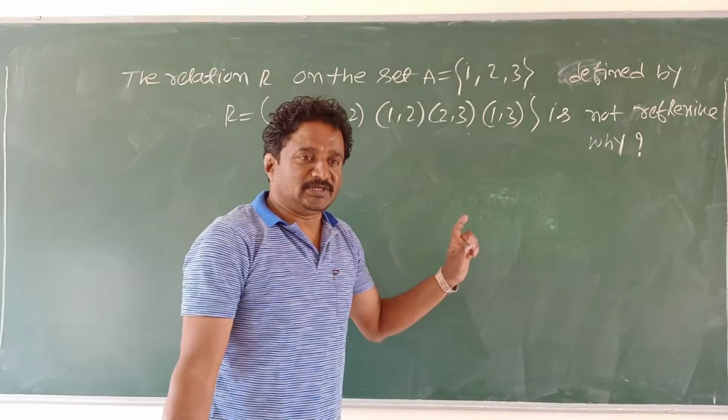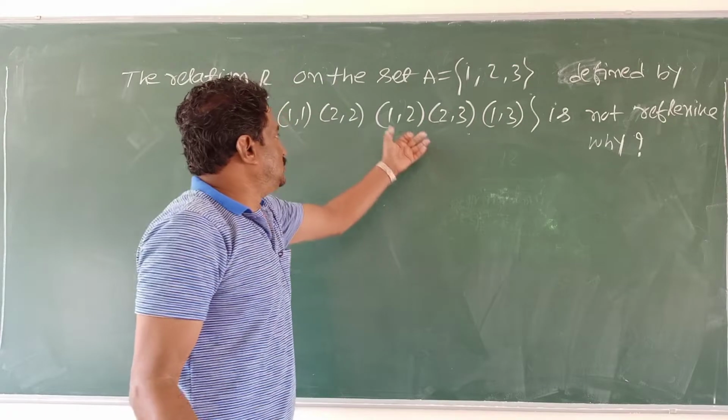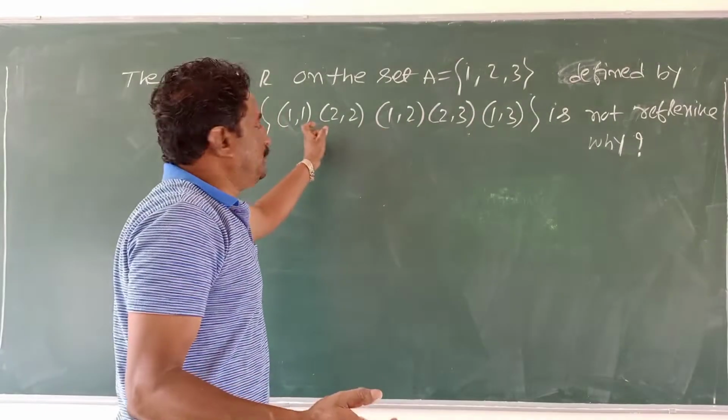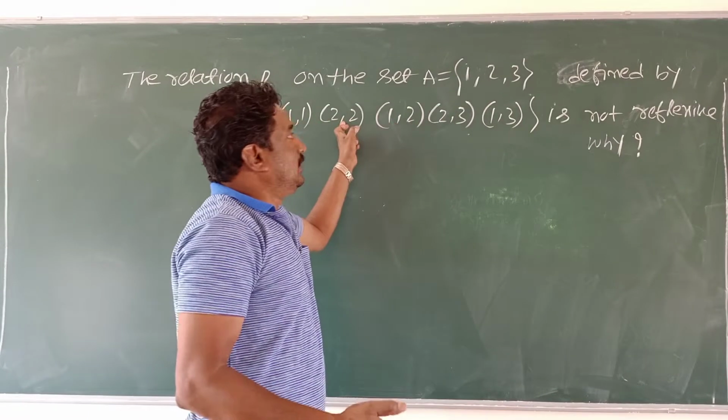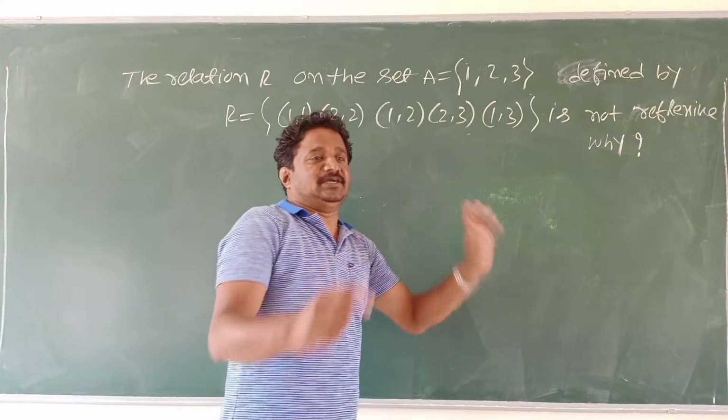Why? Is it a reflexive relation? No. This relation is not reflexive. Why? (1,1) is present, (2,2) is present, but (3,3) is not present.